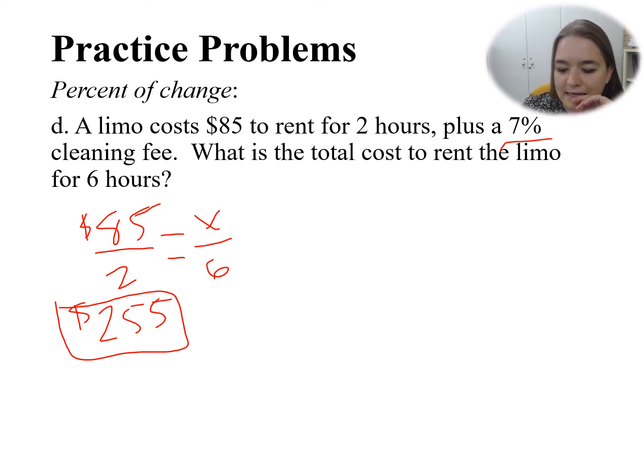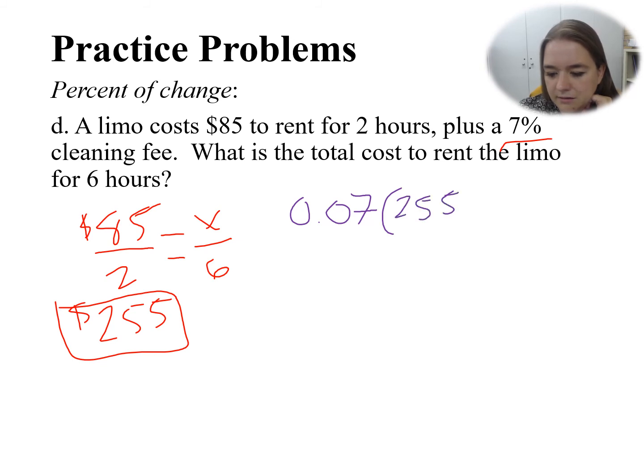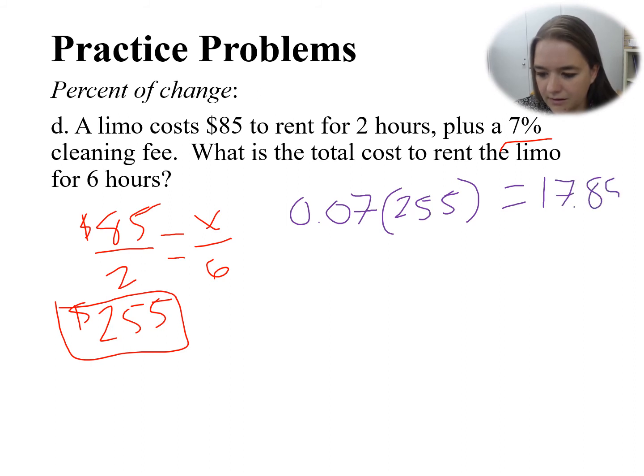Well, that percent tells me per 100, so it's 7 over 100, or 0.07 times my cost. And when I calculate that, I get 17.85. So it cost me an additional $17.85.